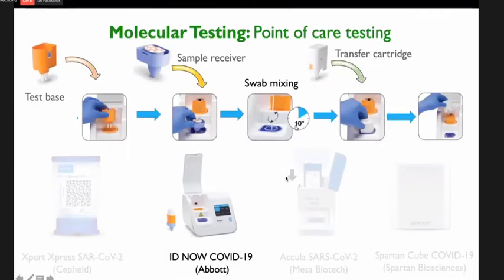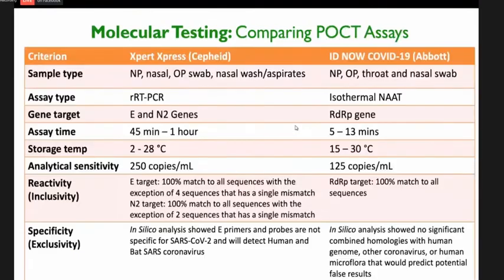A positive result can be seen as early as 5 minutes. So the whole process is completed in 5 to 13 minutes. So this is a really very exciting system that will certainly help in the prompt diagnosis of COVID-19 in coming days.